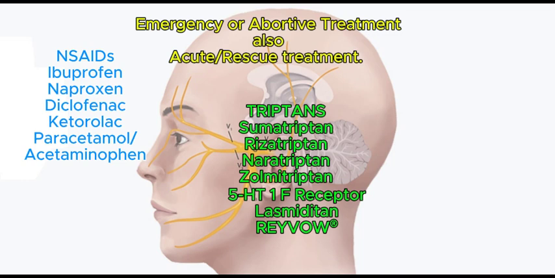Lasmiditan is actually an antidepressant and has interactions that must be taken into account, especially with similar drugs. For example, selective serotonin reuptake inhibitors or selective serotonin and norepinephrine reuptake inhibitors due to the risk of serotonin syndrome.